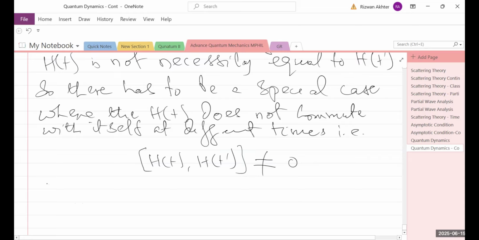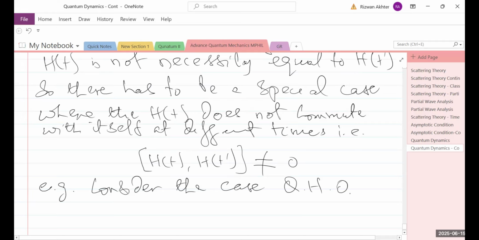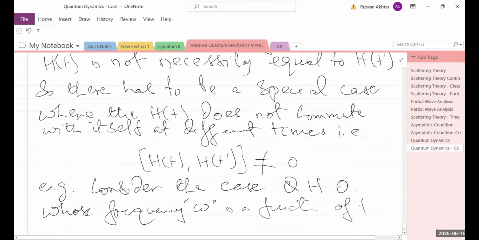For example, consider the case of the quantum harmonic oscillator whose frequency omega is a function of time.